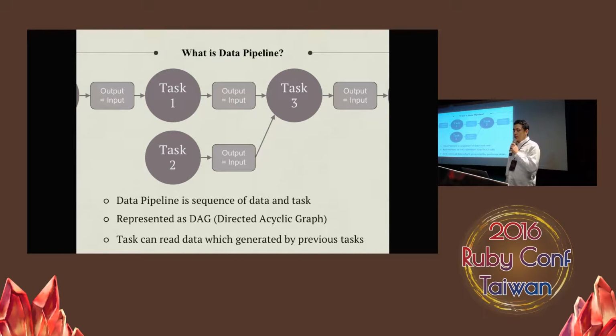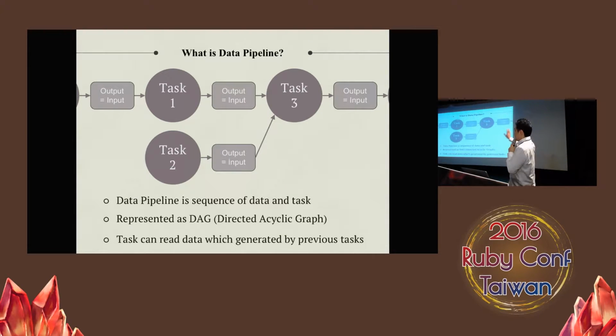So data flows only one way in this diagram, from left to right only. Tasks can read data which was generated by previous tasks. In this diagram, task 3 can read the data generated by task 1 and task 2. But task 1 cannot read the data generated by task 3 because the DAG has no cyclic dependencies.